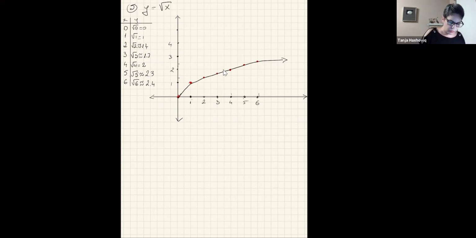Okay, so much for the graphs of common equations. These were some examples.